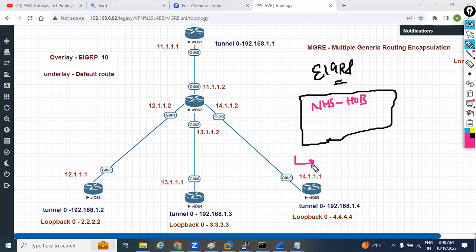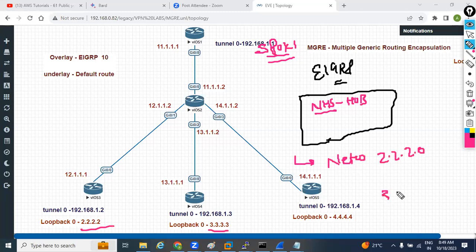Right now I'm on spoke 1 or any spoke. In EIGRP, if I'm advertising my loopback, which is 2.2.2.0, or 3.3.3.0, whatever, I'm going to share this information with my only neighbor, who is the hub.